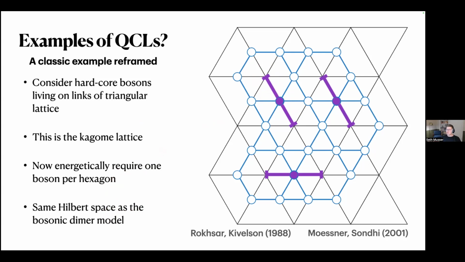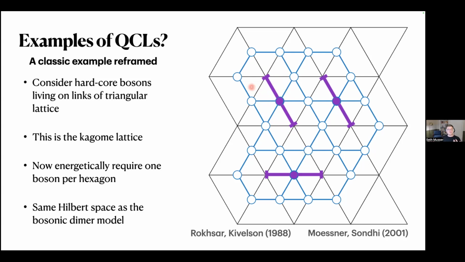However, I'll just give an aside. In the bosonic dimer model, you often think of spin degrees of freedom which live on the sites of the triangular lattice, and they pair into singlets, which live on the links of the triangular lattice or the Kagome lattice. Because all we're caring about here is charge degrees of freedom, we've forgotten that original spin.